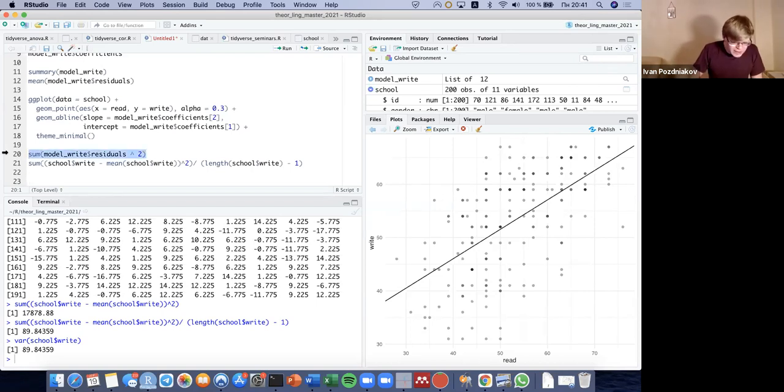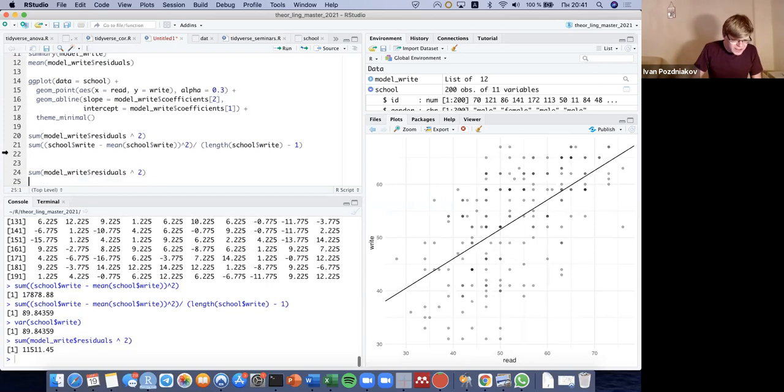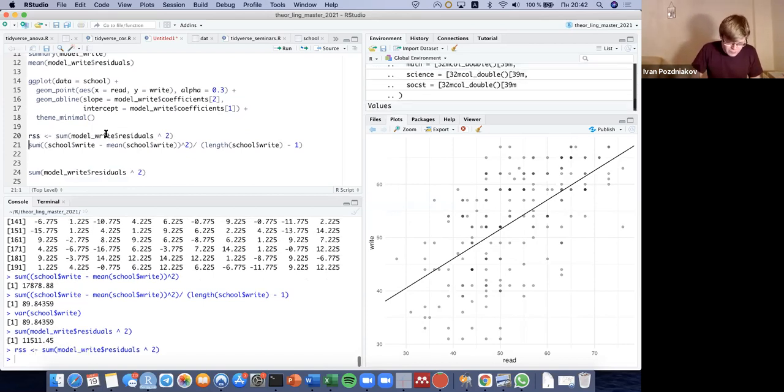Okay, let's return to these values. It's the maximum. No, it's not the maximum. It's what we couldn't explain. This sum of squares of residuals is called the residual sum of squares, or RSS, a term that is really used.